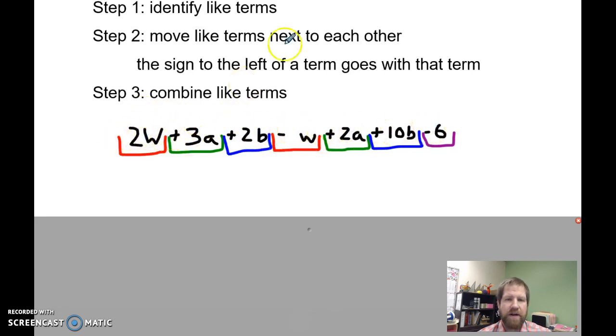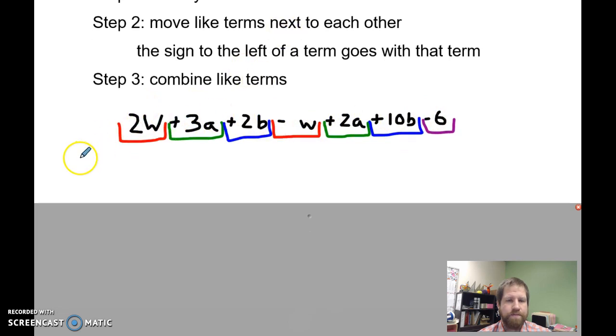So we've got them identified, and now we're going to move them. I've got my 2w minus w. I start with whatever variable I have, whatever type of term, and then I find the next one. Once I'm done with all of those, I go on to my next type of term.